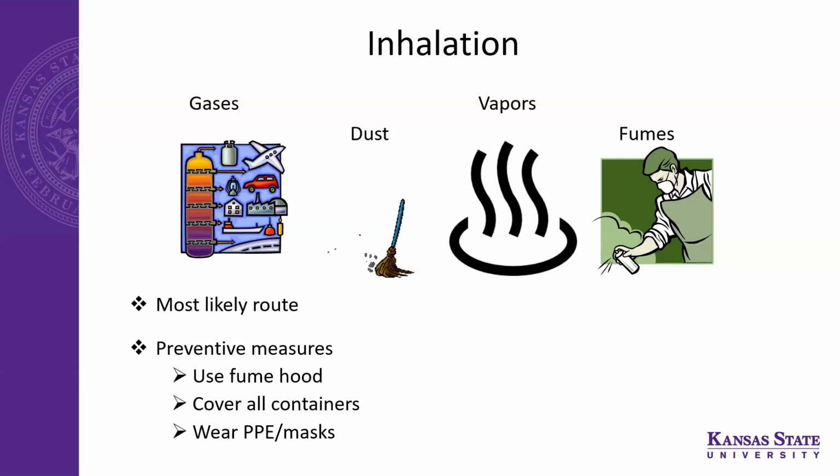If chemicals are handled inside the hood, whatever vapors come out will be sucked in, so you won't get exposed. Cover all your containers containing chemicals. Once they are sealed or covered with parafilm or some form of covering, that will prevent you from inhaling those chemicals. And of course, wear PPE or masks.